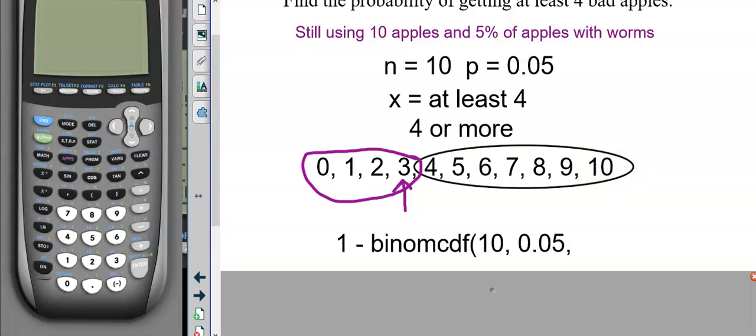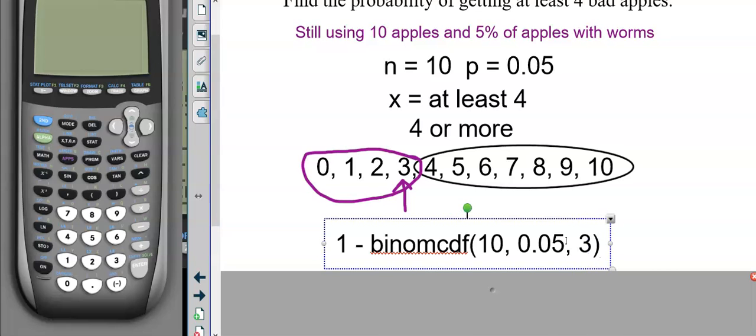So here, what we're going to use is 3. Let's go there, and we're going to do 1 minus the binomial CDF. Let's go up, there we go.